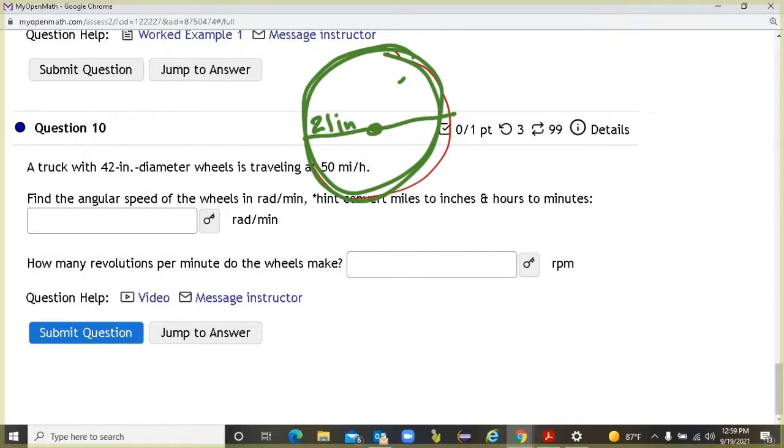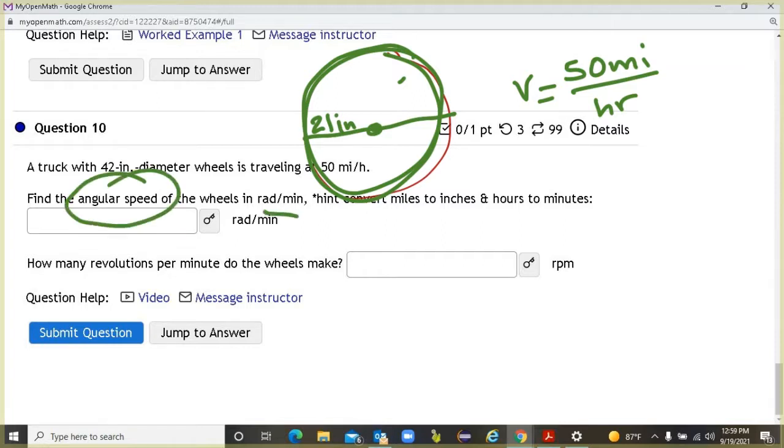And it says that it's traveling at its regular speed, which is velocity, of 50 miles per hour. So it's linearly going 50 miles per hour, but I want to figure out the angular speed. It says find it in radians per minute, and then how many revolutions would it make?